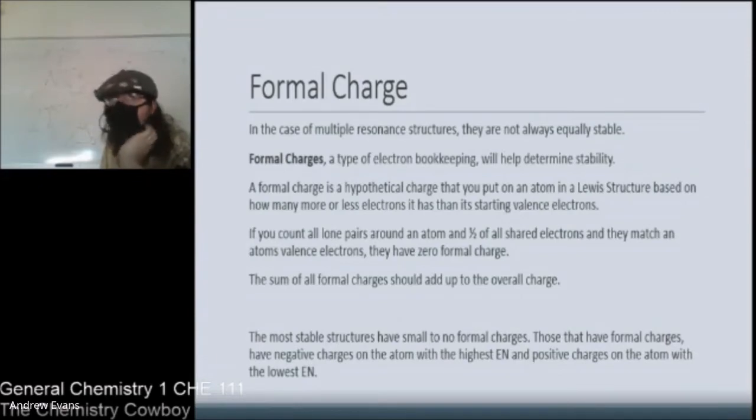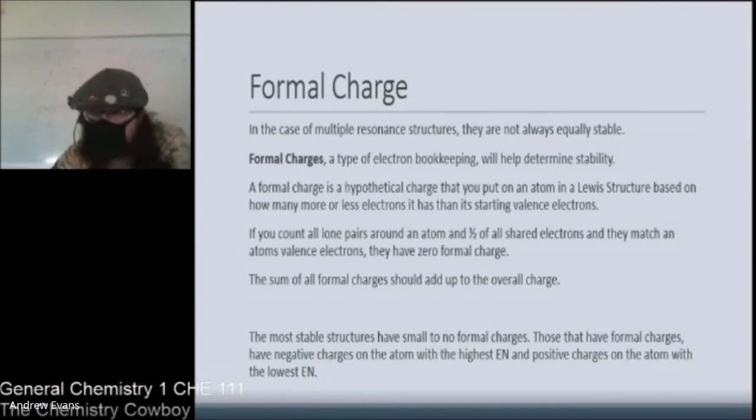In this case, nitrogen has 1 electron less than we would typically expect, and so it would have a formal charge of positive 1. So when we determine formal charges, we count half of all shared electrons as being with the atom, and count all of the lone pairs as being with the atom, and compare that with the valence electrons.